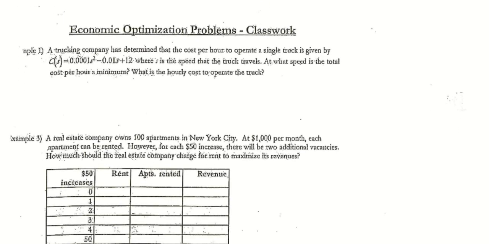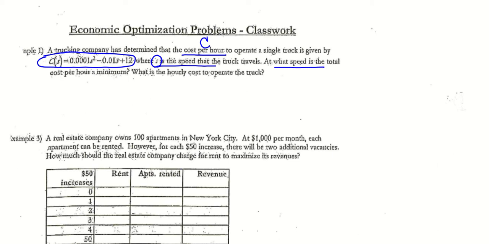This says a trucking company has determined that the cost per hour to operate a single truck is given by C of S equals 0.001 S squared minus 0.01 S plus 12. So this cost per hour is given the variable capital C, and lowercase s is the speed that the truck travels. So those are our two variables. And the question is, at what speed?